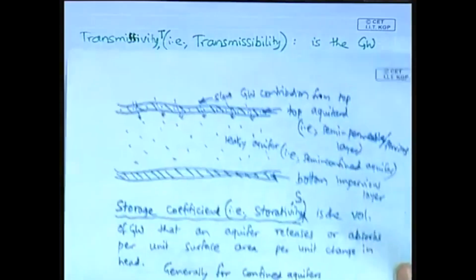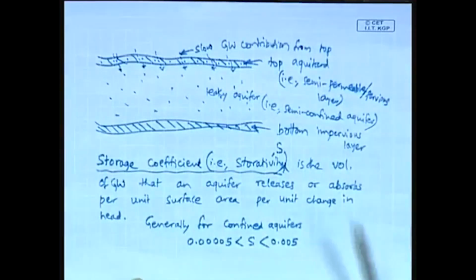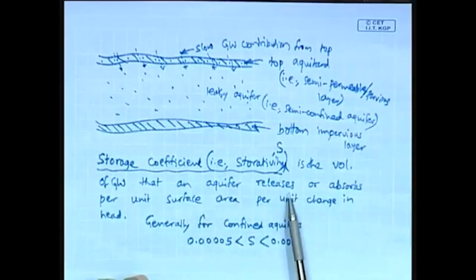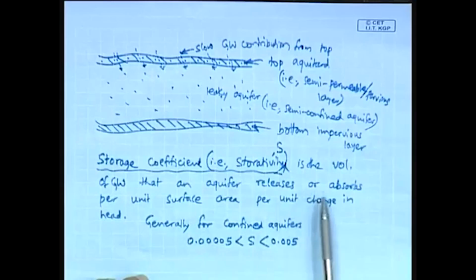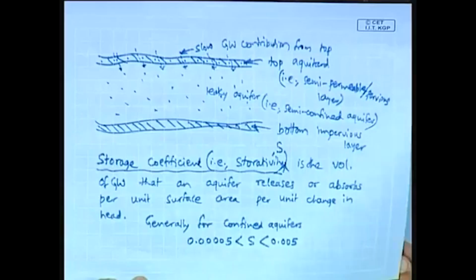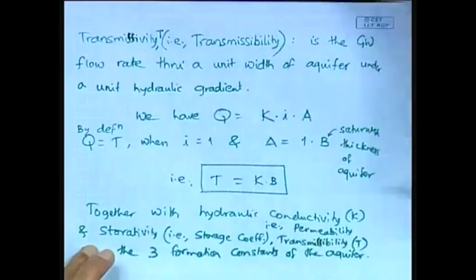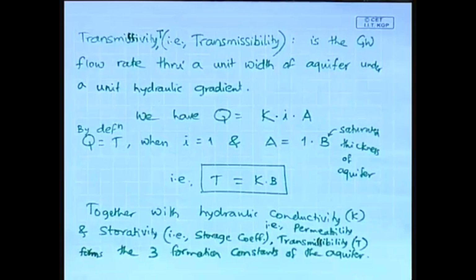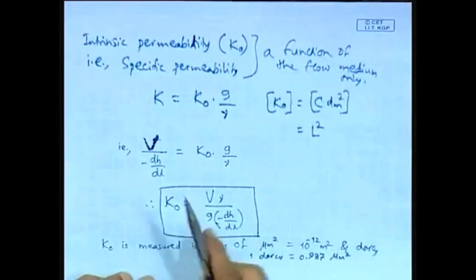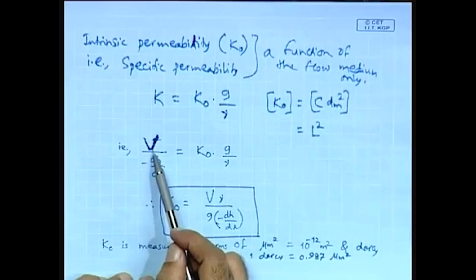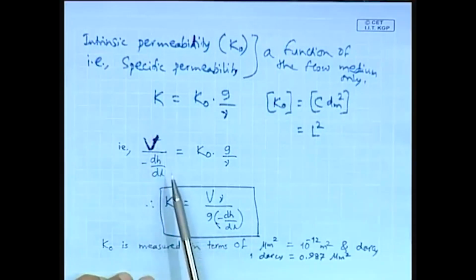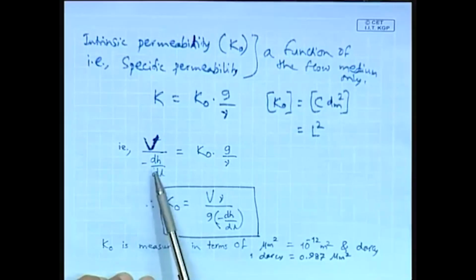It is the volume of groundwater that an aquifer can release or absorb per unit surface area per unit change in the head, and it is denoted by the letter S. We have also seen the hydraulic conductivity, given by Darcy's expression: the groundwater velocity is equal to the hydraulic conductivity K into the hydraulic gradient, that is minus dH by dL.